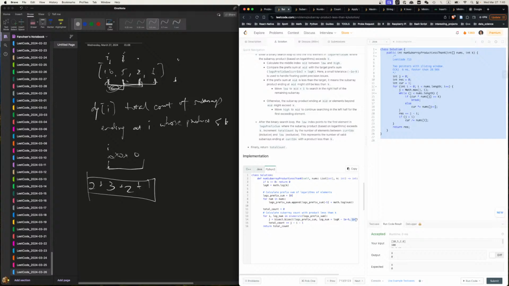Oh. So log num plus log k. So basically this minus this needs to be smaller, right? This minus this needs to be smaller. So we want something slightly smaller. Yes, it makes sense. Yes, and then we can find the index and then index minus, basically minus I plus 1, right?